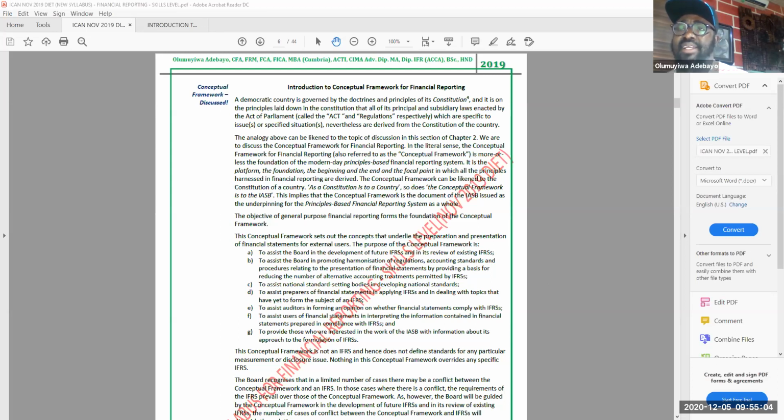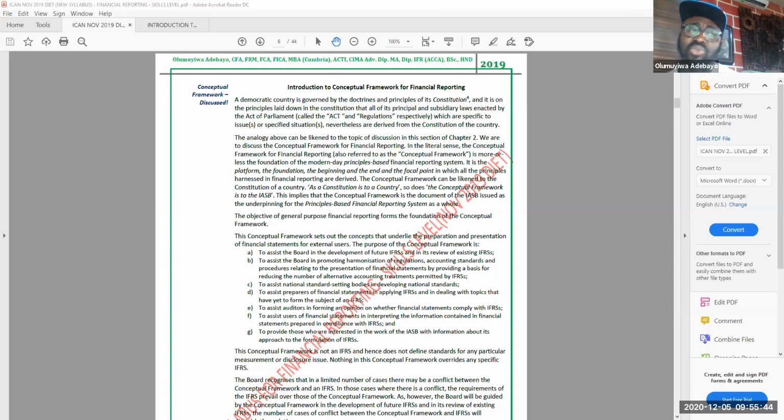That is what defines what financial reporting is all about: the modus operandi of financial reporting and how financial reporting is expected to help businesses achieve their objectives, to help users of financial reports have sound judgment, and to also help regulators, auditors, and every other person involved or interested in financial reporting to have better appreciation, better understanding, and better use of the knowledge in interpreting, understanding, and trying to make effective decisions as it may concern individual stakeholders.